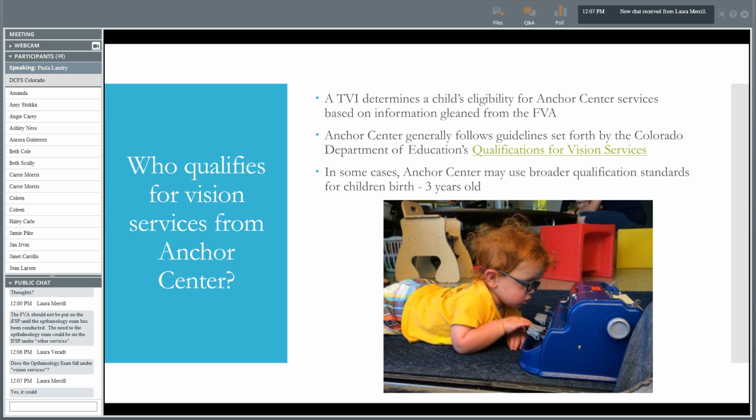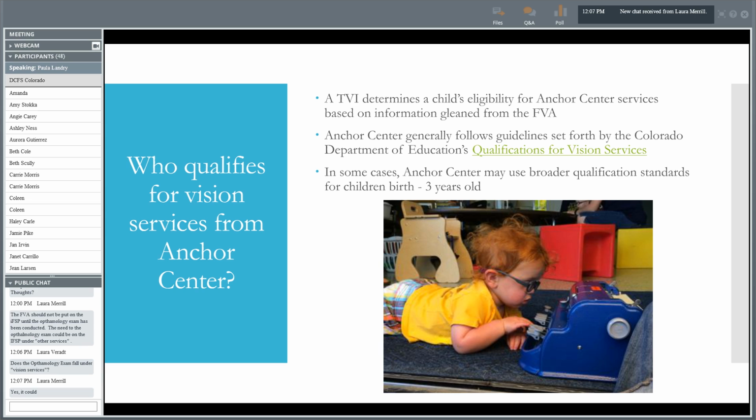And that gives pretty black and white qualifying guidelines. So legal blindness would be 20/200. If perfect vision is 20/20, legal blindness is 20/200. But then you have the low vision category, which is 20/70 and above. So if any child has vision that's 20/70, they would qualify for services just based on that alone.